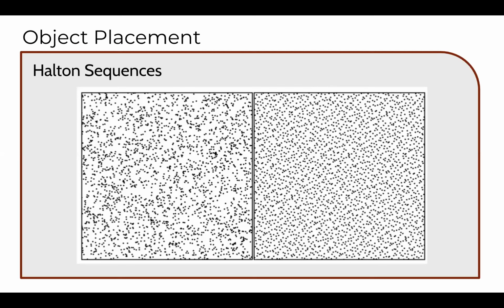So the square on the left here is strict randomness, and you can see how it results in some places where things are clumped together. Because it's strictly random, there's not even spacing between all of these different things. The Halton sequence, which is over here on the right, creates more evenly spaced out artifacts.